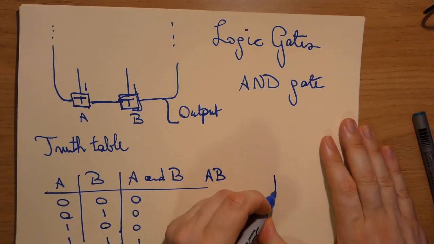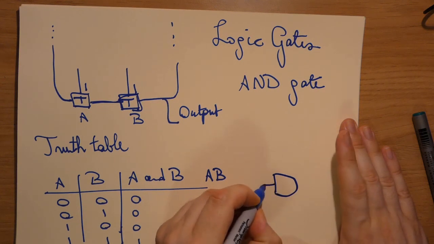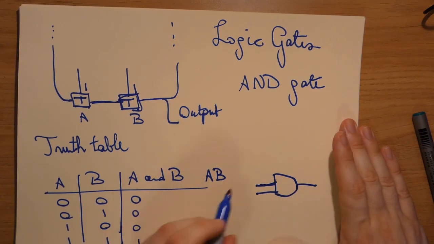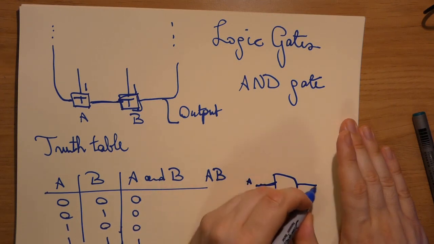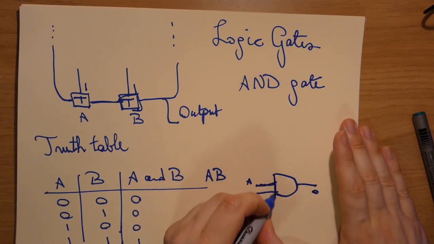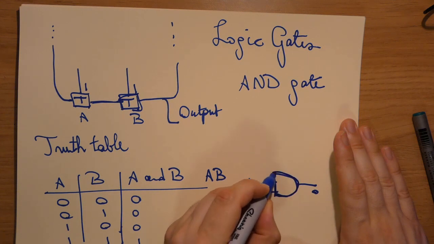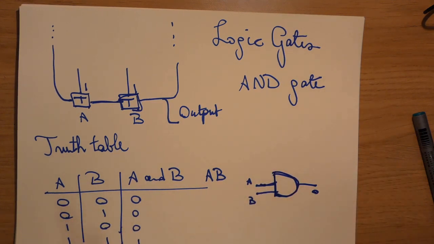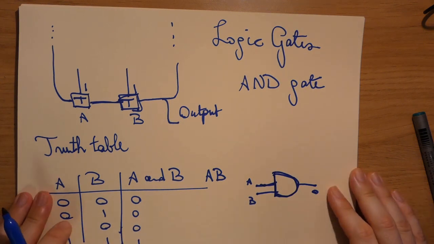In electronics, the symbol has two inputs and then an output, so A and B here, and here I have my output. This is an AND gate as it would be drawn in circuit diagrams.